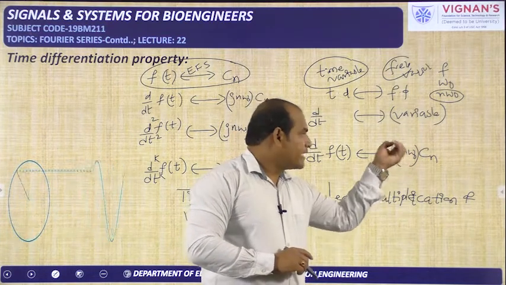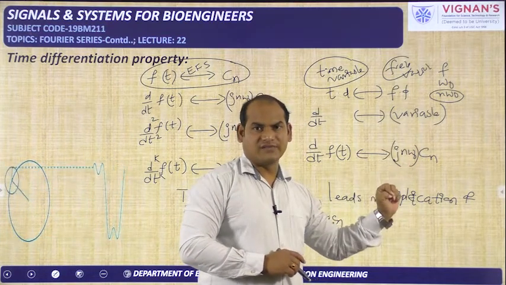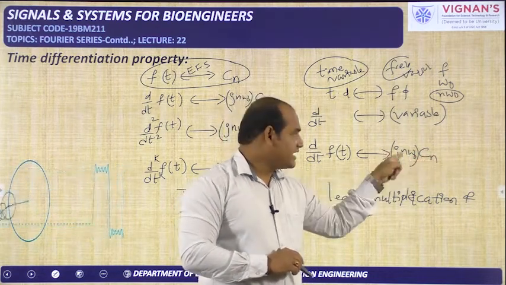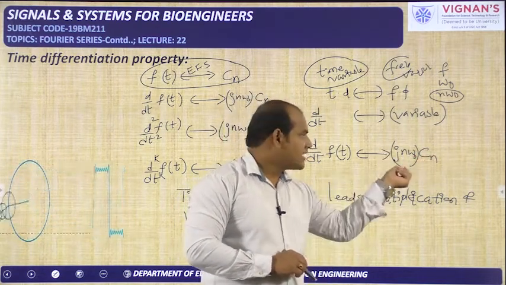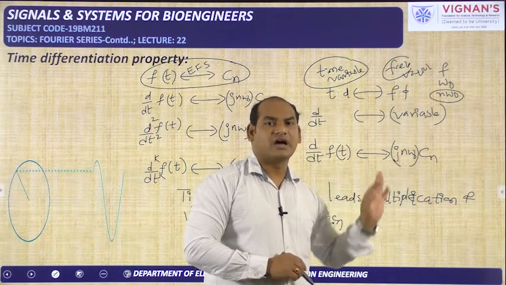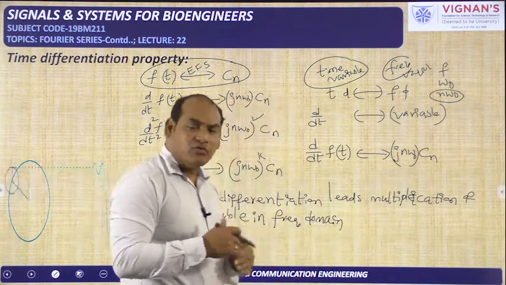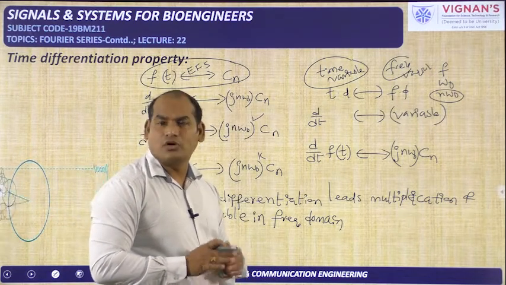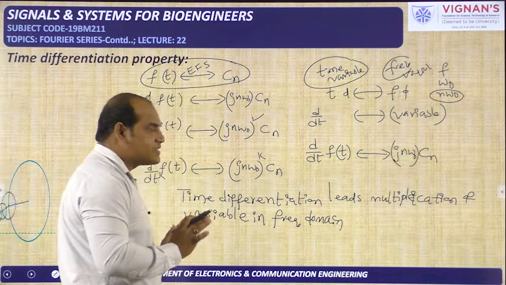Omega naught is the fundamental frequency, but the spectrum is discrete, where n is an integer. So omega naught, 2 omega naught, 3 omega naught, like that we have to take, so in the Fourier series the discrete spectrum is n omega naught. So this is about the property.